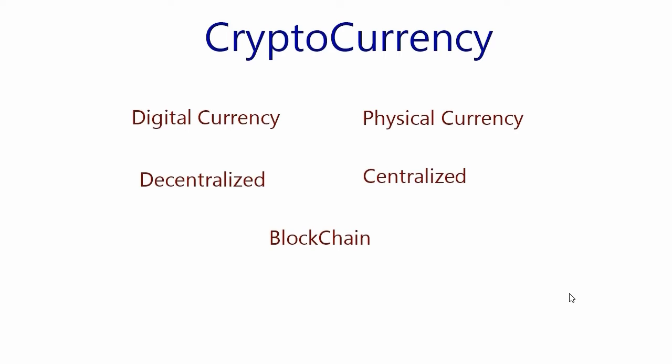The main thing is that physical currency is owned by the government, and the government can decide the value of that physical currency according to inflation or recession. But digital currency does not depend on the government. That's why some governments hate digital currency or crypto and ban cryptocurrency in their country.